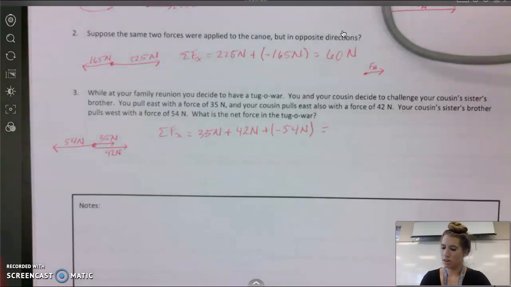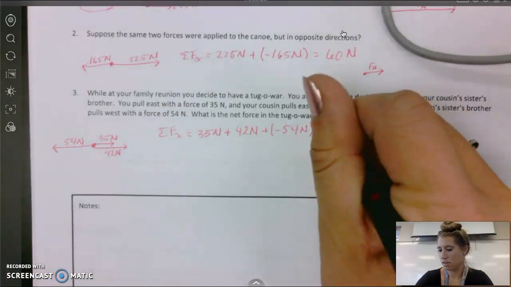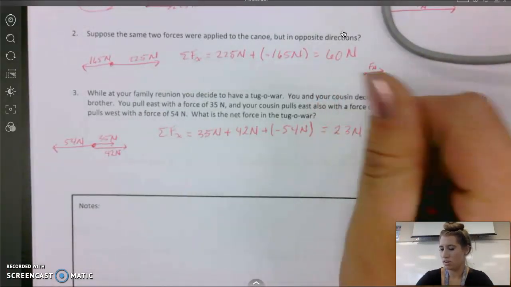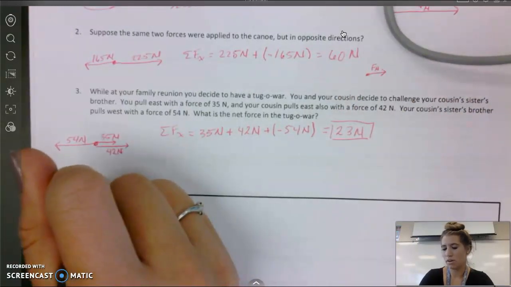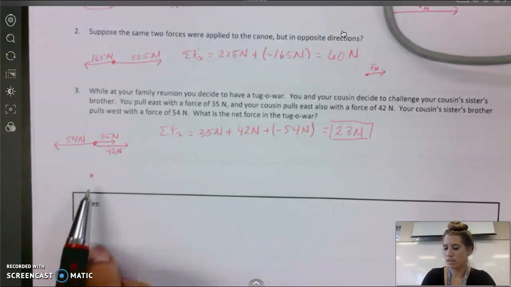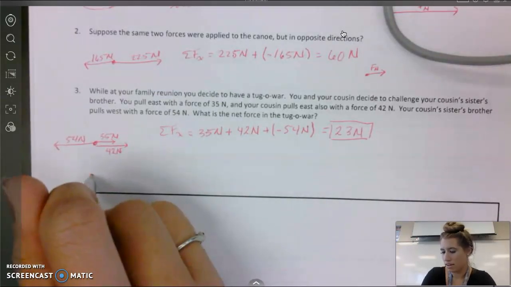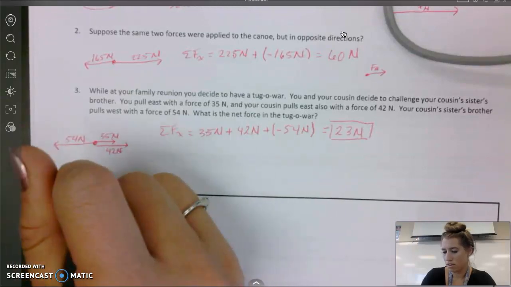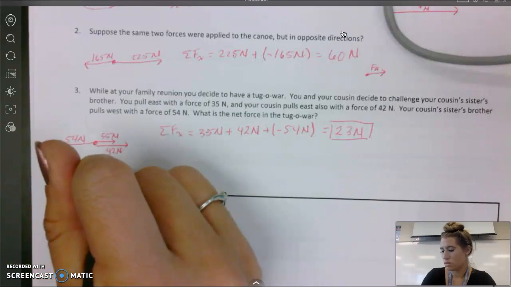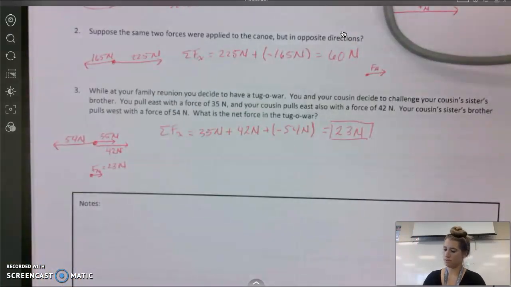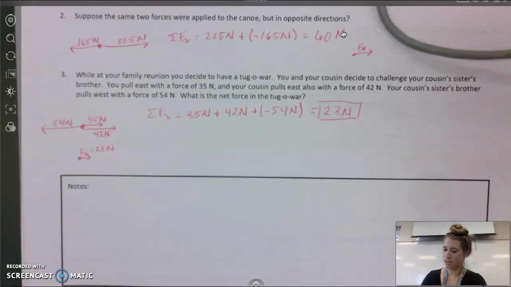So we're going to take 35 plus 42 and then minus 54, and that leaves us with a positive 23 newtons. Okay. Now I can redraw this. I can say this overall net is exactly the same as if we had a tiny little net force which was 23 newtons. Okay.